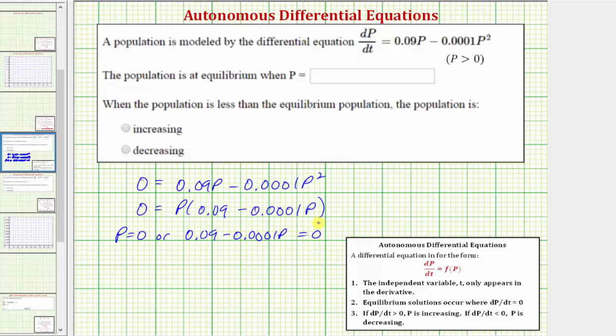0.0001p equals 0. Solving this equation for p, let's add the p term to both sides, which would give us 0.09 equals 0.0001p. And now let's go ahead and divide both sides by 0.0001.